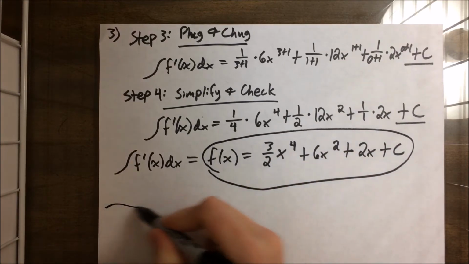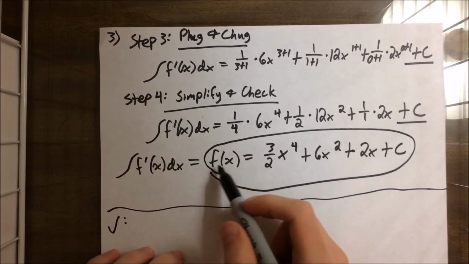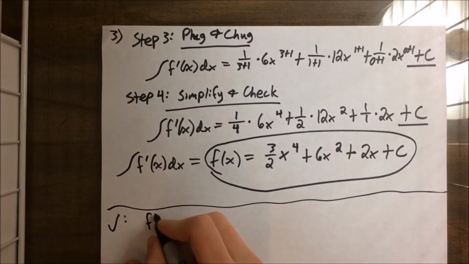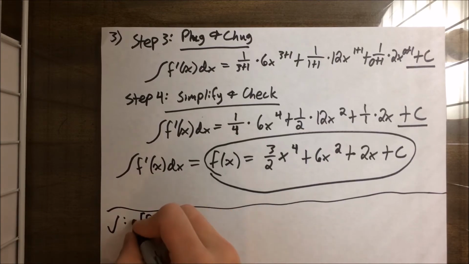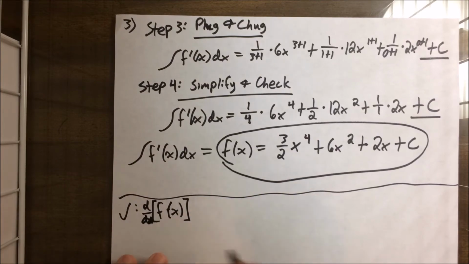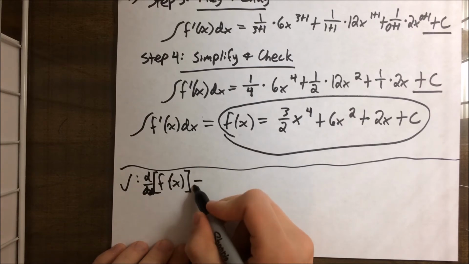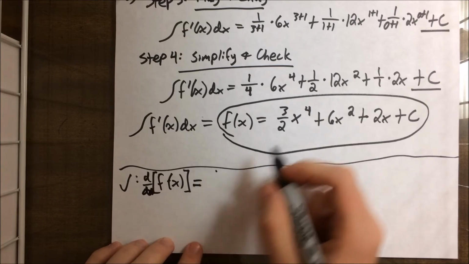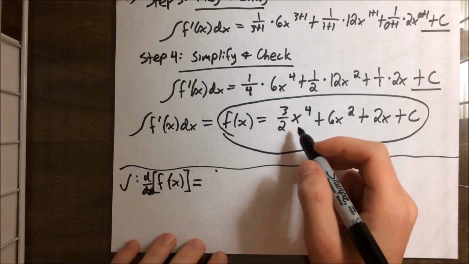Okay, so now let's check our work. To check our work, we simply need to take the derivative of f of x. So f of x, and put that in brackets, and d over dx. That means we're taking the derivative. So that is equal to, let's see here, 3/2 x to the 4th.